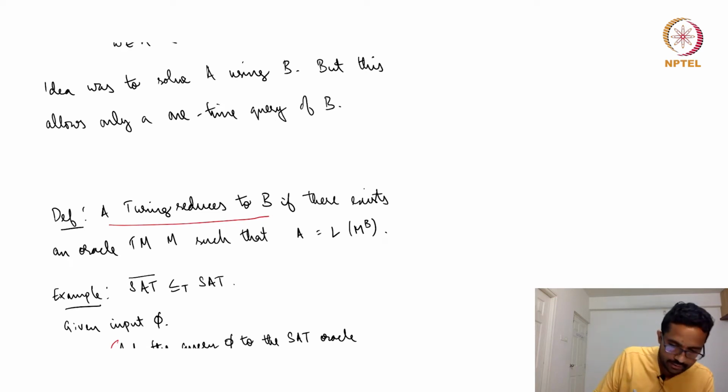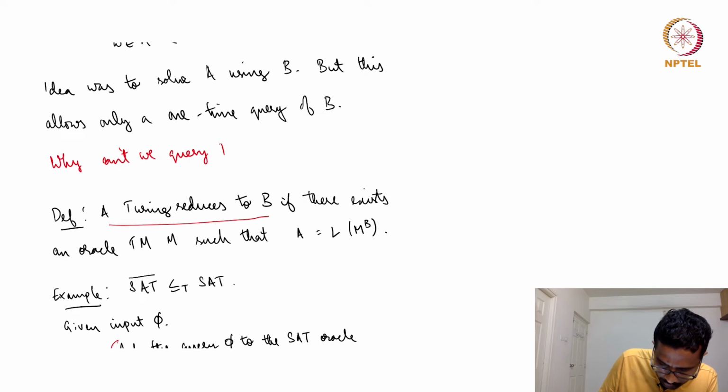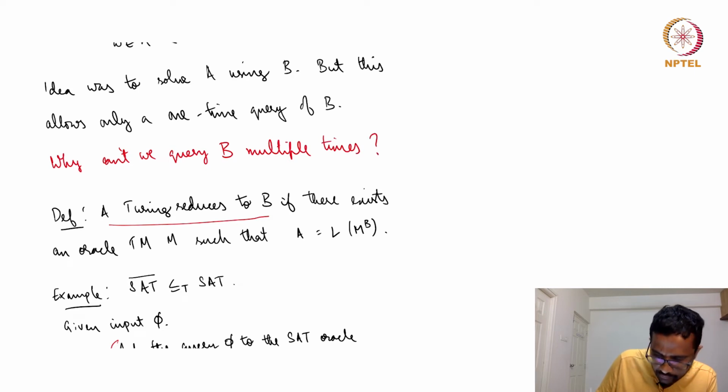So the question here with many-one reductions was, why can't we query B multiple times, right? And that is what is addressed by the Turing reduction.